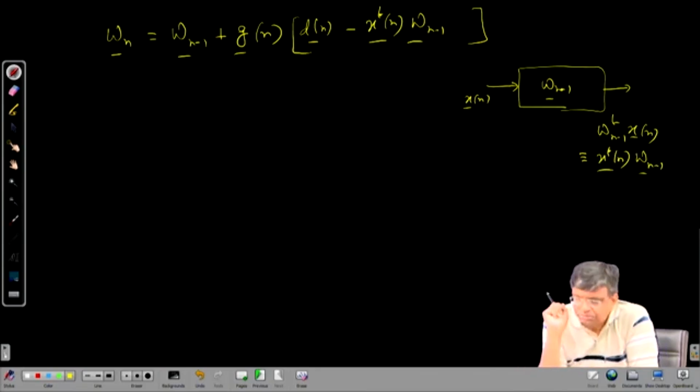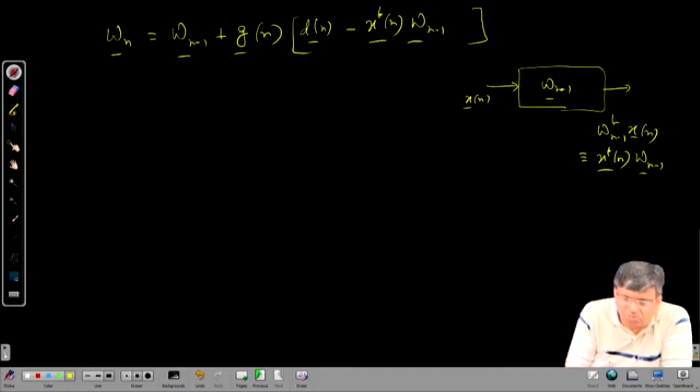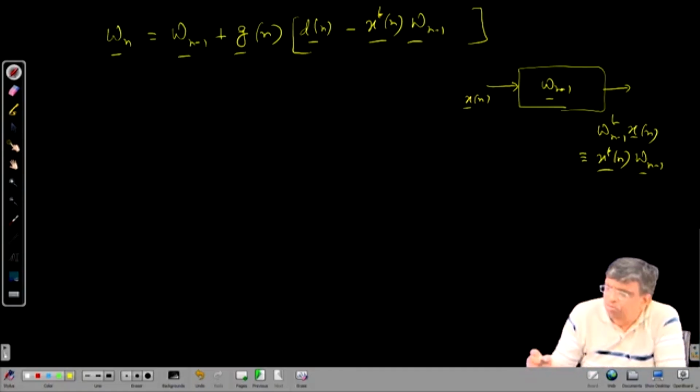That means, though I am standing at the nth clock, suppose I am not using W n, I am using the previous cycle W, the one I obtained till the previous cycle, in the current cycle, and filtering the current input vector x n. So, output will be this. This output is not strictly y n.